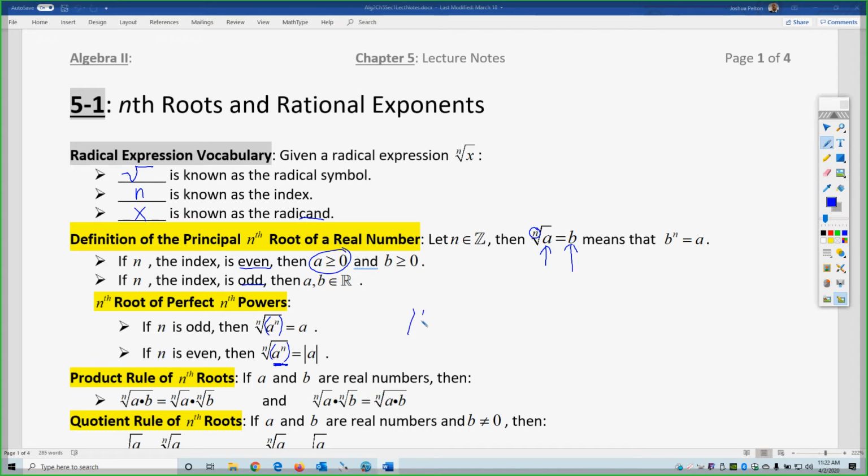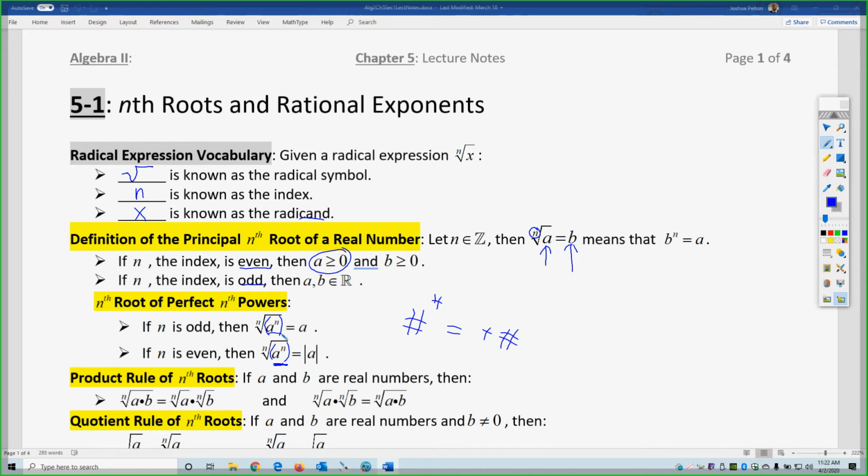Take any number to an even power, whether it's 4, 6, 8, 10, whatever you want, and the outcome is going to be a positive number, regardless of the original number. If it's odd, it doesn't matter, because an odd number of negatives is still negative.